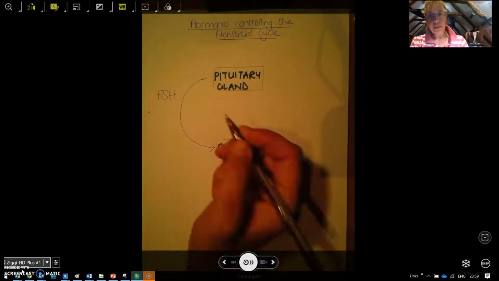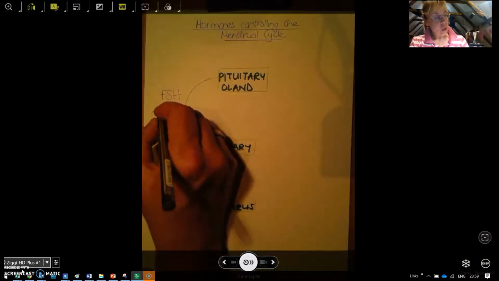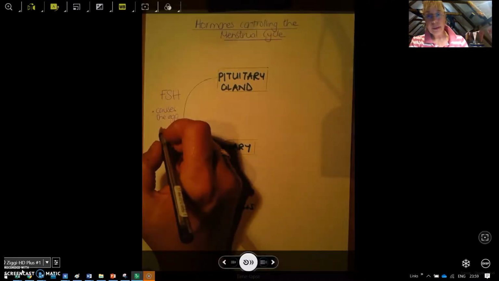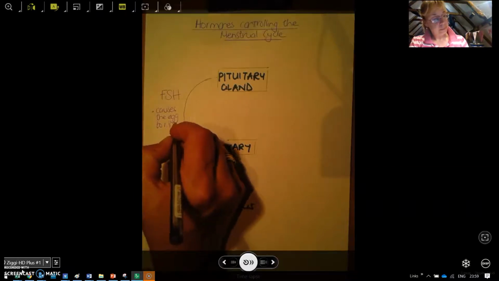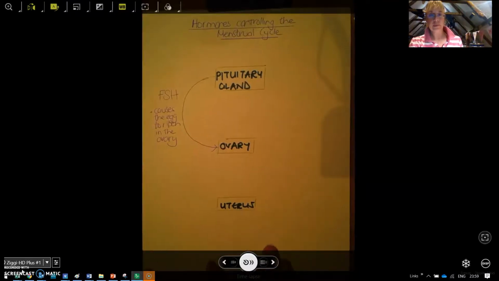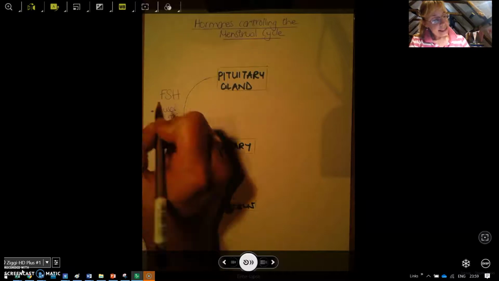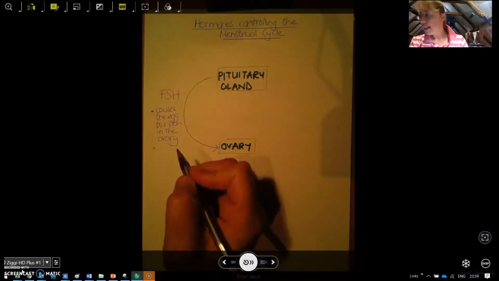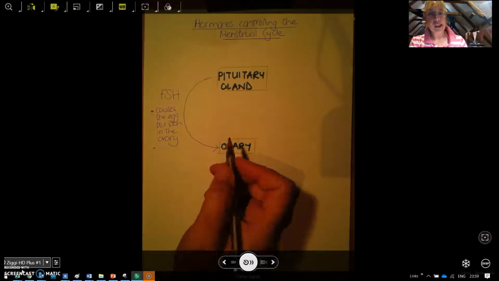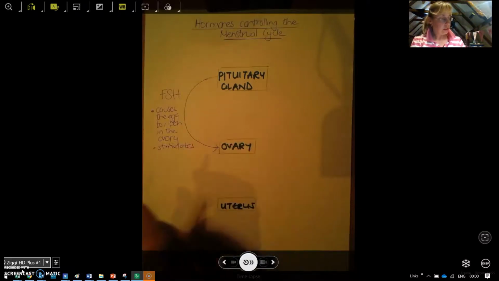So we're going to put our first bullet point. It causes the egg to ripen in the ovary, and in addition it stimulates the ovary to produce its hormone estrogen. Stimulates estrogen production.